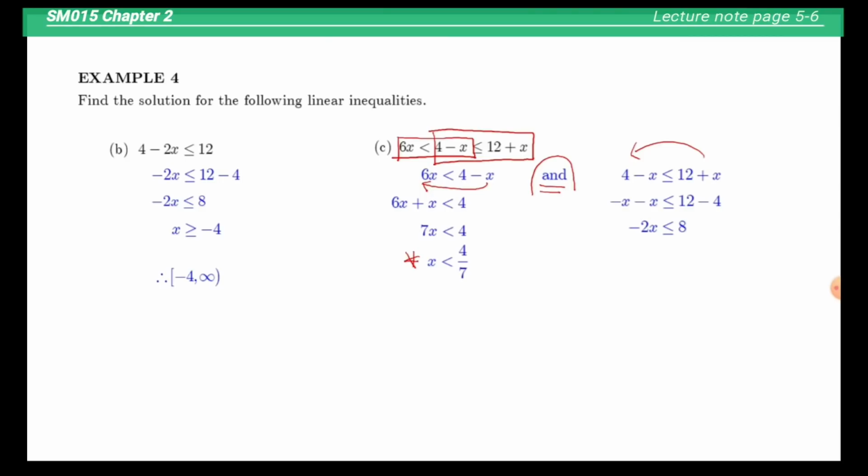If we want to solve for x, we need to divide both sides by negative 2. For inequalities, if we divide by a negative number, the sign for the inequality will be changed. So we have here x greater than or equal to negative 4. This is the answer for the right hand side.